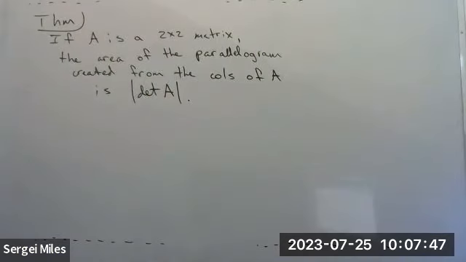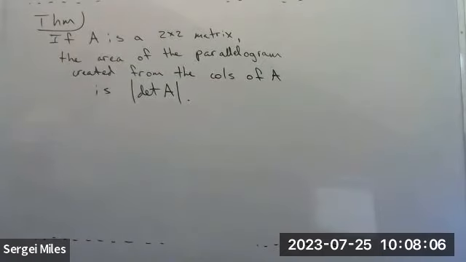Well, there's no such thing as a negative area, right? We're only going to have a positive area. So if the determinant turns out to be negative, we're just going to take the absolute value of it, drop the negative altogether. Okay. But next, I want to talk about, why does this work?